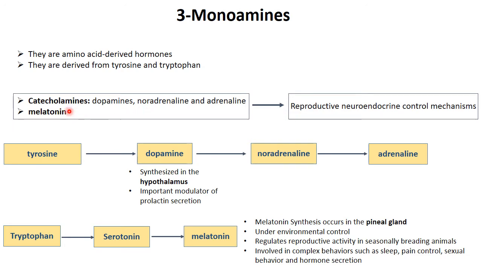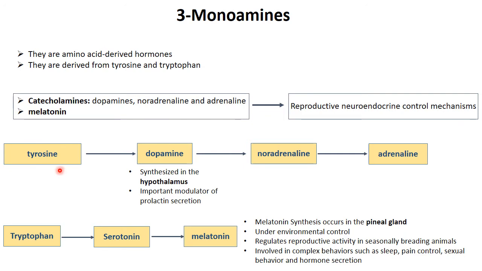Serotonin I didn't write here because it doesn't have a role in the reproductive functions. Both the catecholamines and melatonin have a reproductive neuroendocrine control mechanism, so they have effects on the reproductive function.